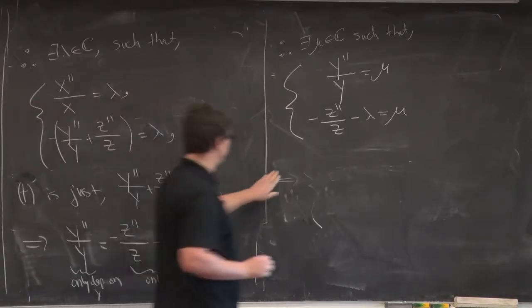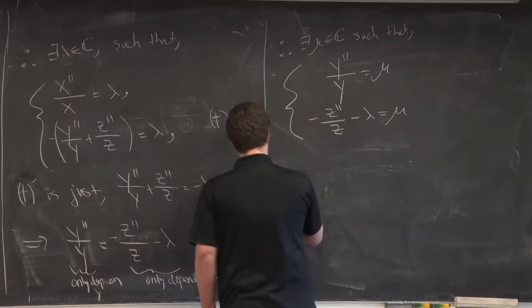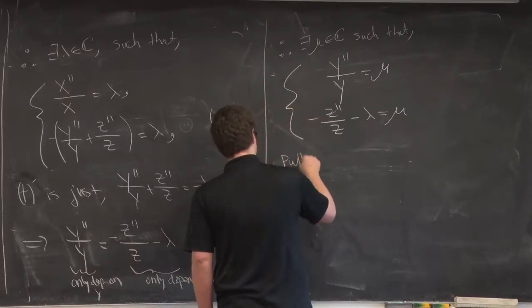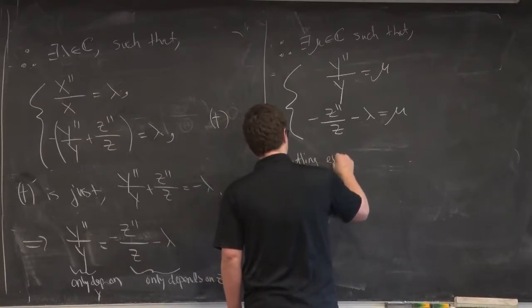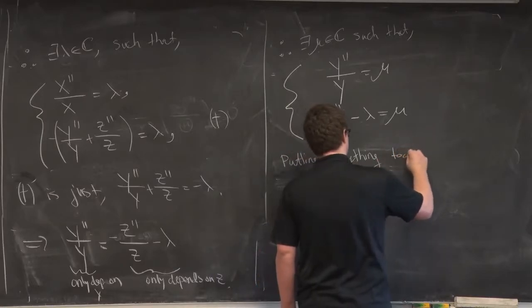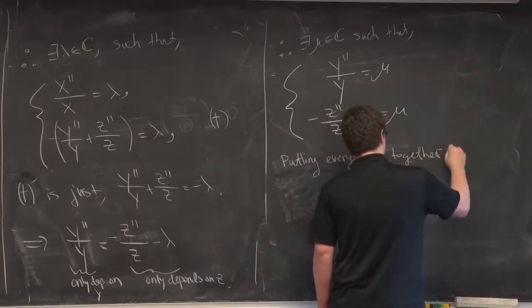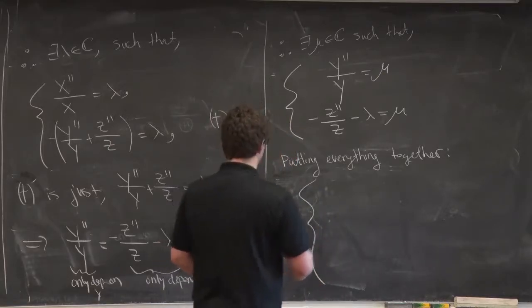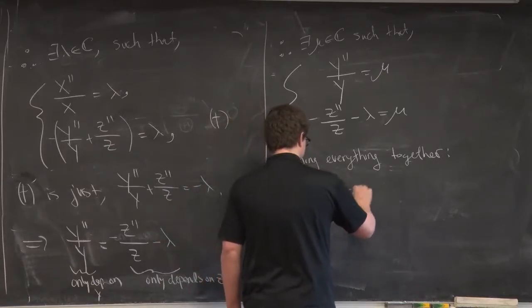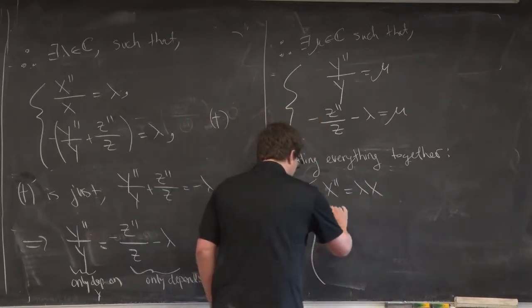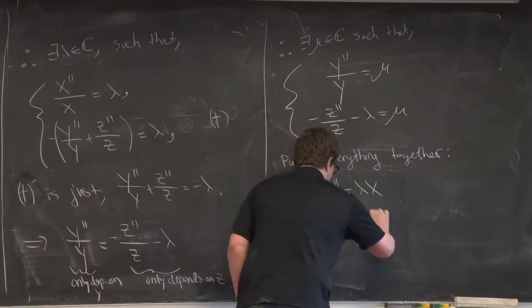So this tells us, okay, so putting everything together, right? So we'll get that x prime prime is equal to lambda x. Y prime prime is equal to mu of y.